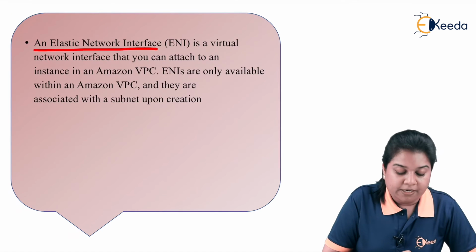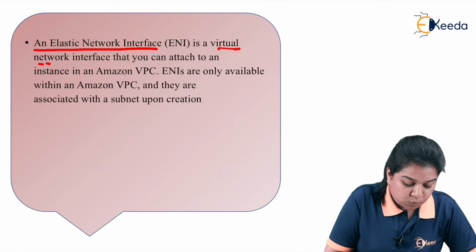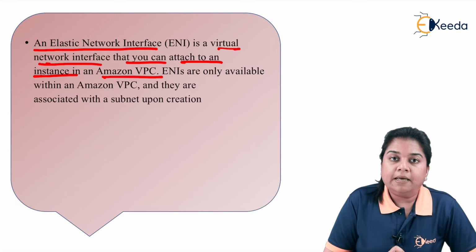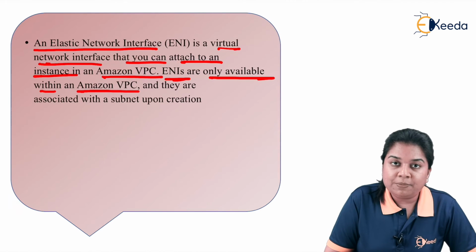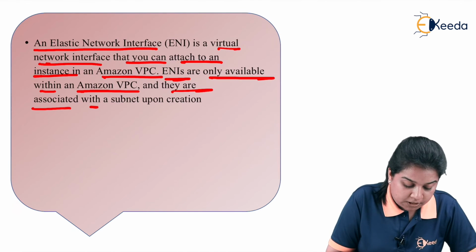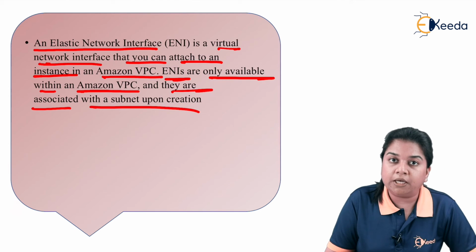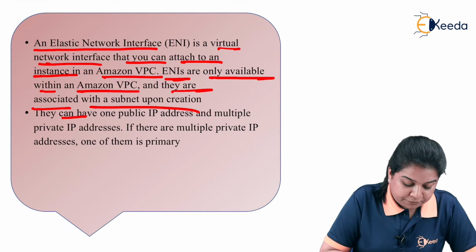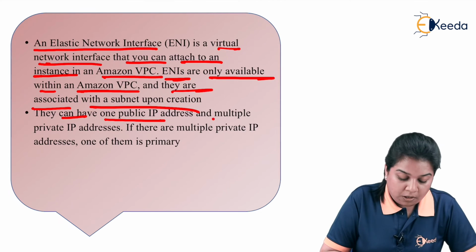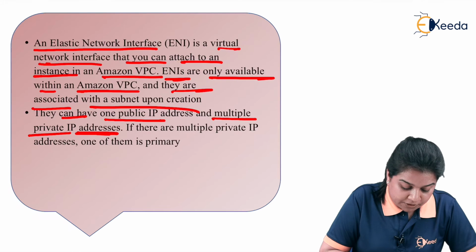An elastic network interface is a virtual network interface that you can attach to an instance in an Amazon virtual private cloud. ENIs are only available within an Amazon VPC and they are associated with a subnet upon creation. They can have one public IP address and multiple private IP addresses.